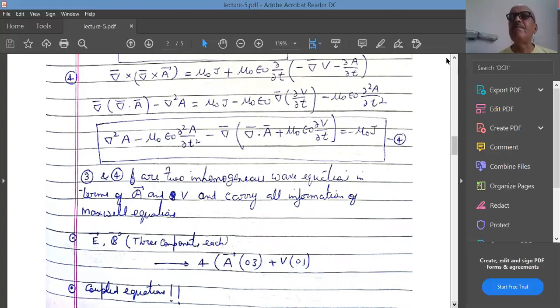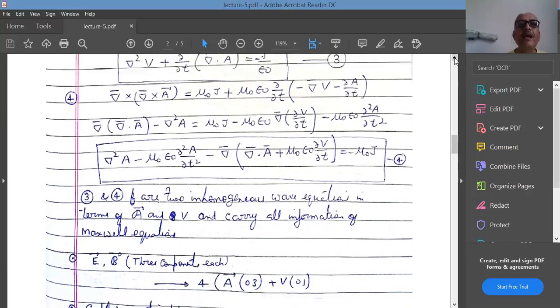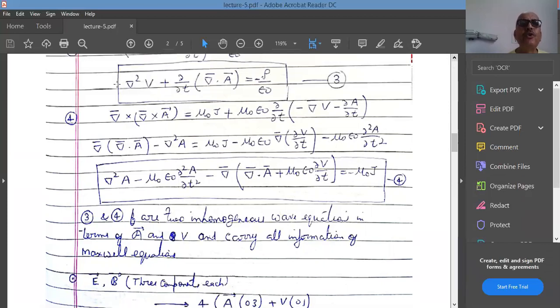If you recall, for E and B we got equations for different media: free space, non-conducting media, conducting media, ionized media. We saw that those equations were uniquely defined, but these two are not uniquely defined and they are coupled. So they cannot be solved as they are.